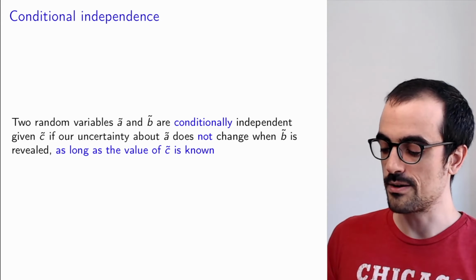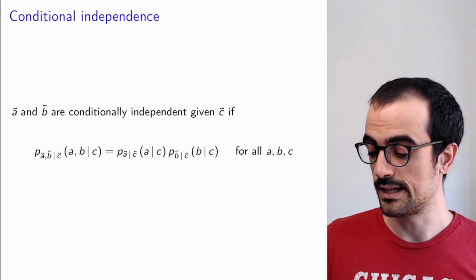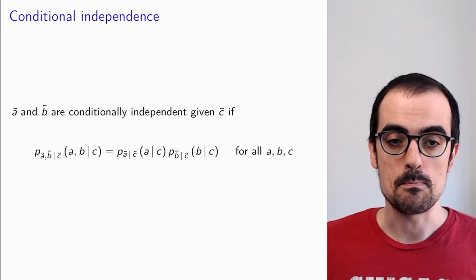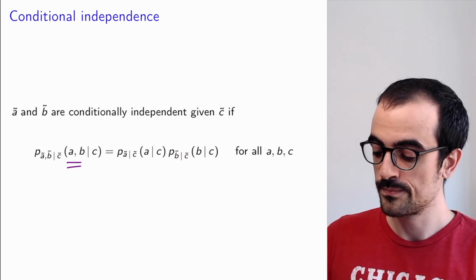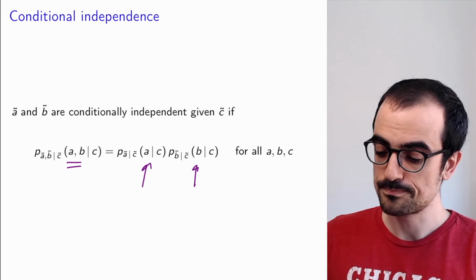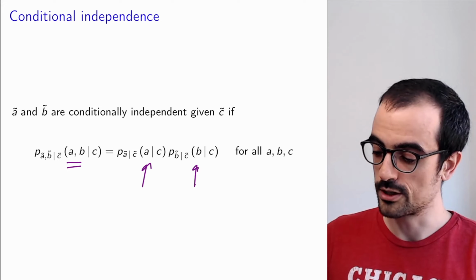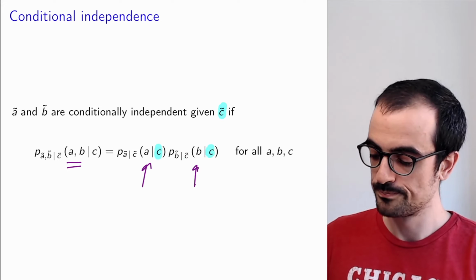It's only as long as this other random variable is known. This is captured by the conditional PMFs. The joint conditional factors into the product of the individual conditionals, always conditioning on this third random variable. That's very important.